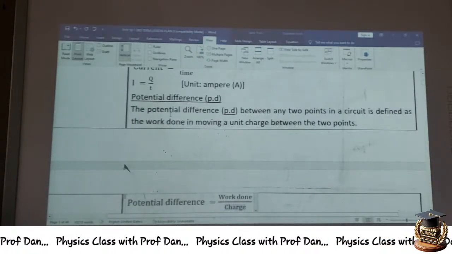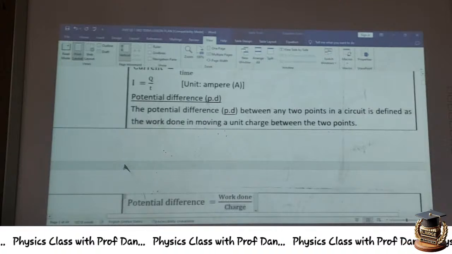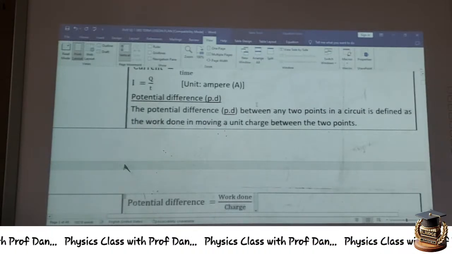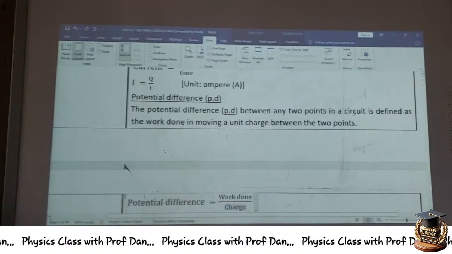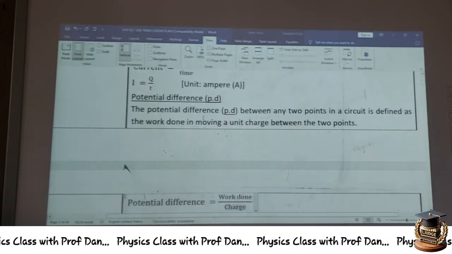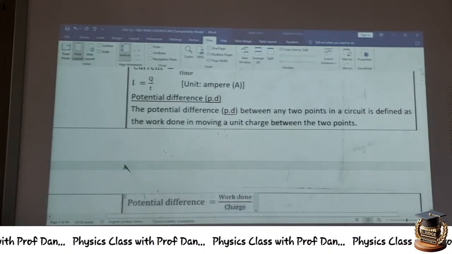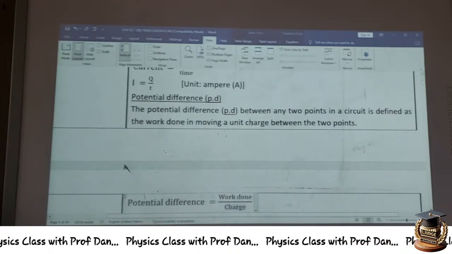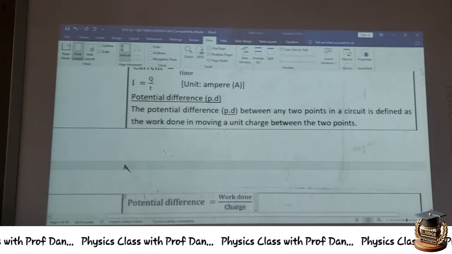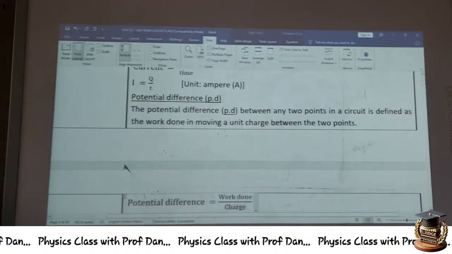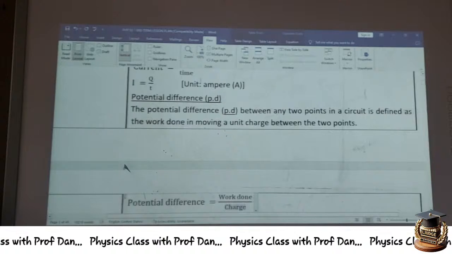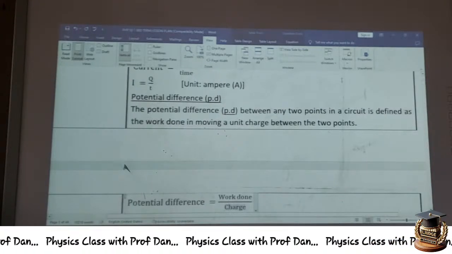So let's quickly look at potential difference, PD. The PD between any 2 points in a circuit is defined as the work done in moving a unit charge between the 2 points. It is the work done in taking a unit charge from one point to another point in the circuit.